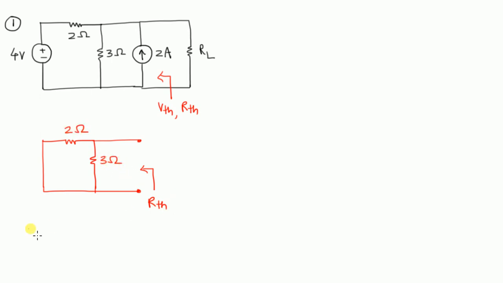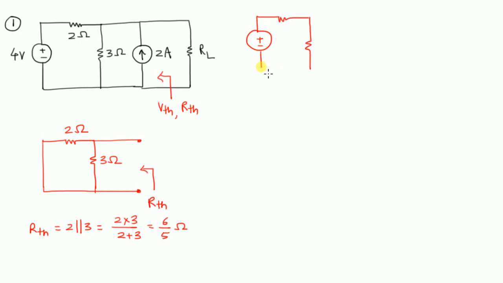So RTH is basically parallel combination of 2 and 3, which is 2 into 3 over 2 plus 3, or 6 by 5 ohms. Now to find VTH, we will remove RL and find out the voltage across open circuit path.